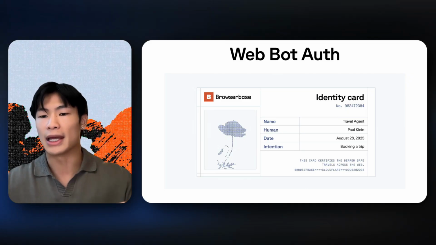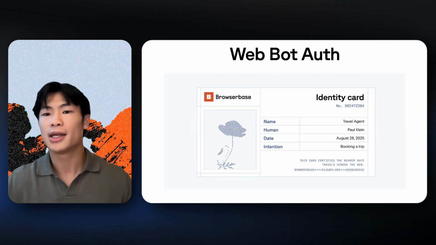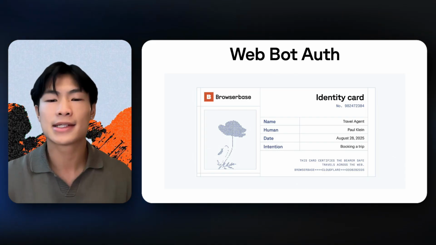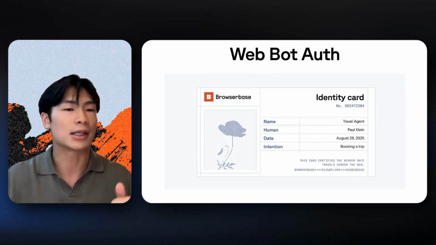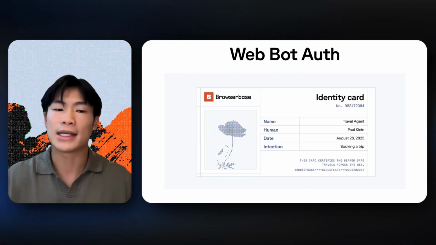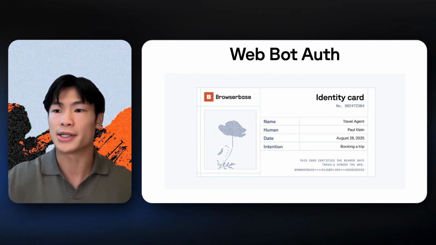And then they will allow our browsers to basically visit all of the protected pages. So if you've used the internet in the last 10 years, you've probably seen the Cloudflare turnstile, or the prove that you're a human. And so this allows us to bypass those things because we're a trusted source.